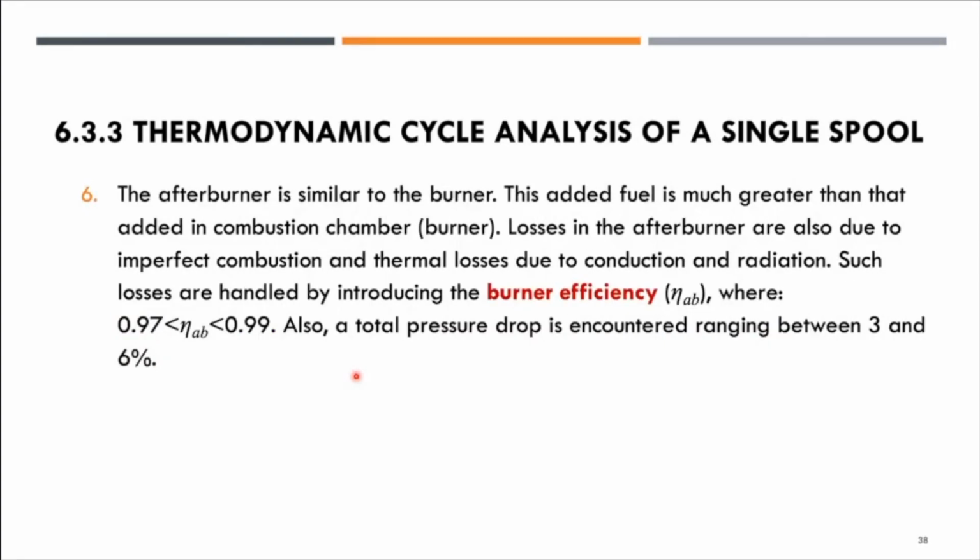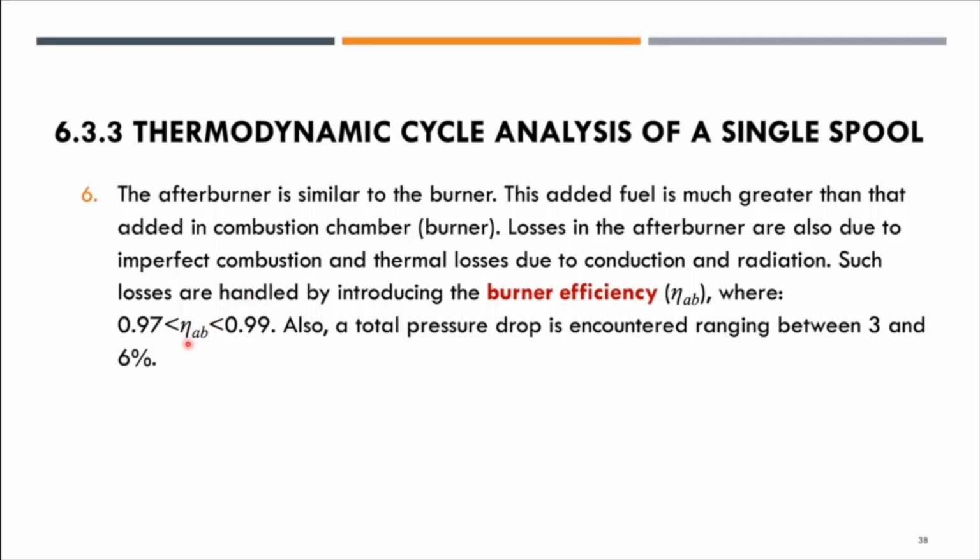Right? So when you have an afterburner, okay, the afterburner is basically similar to the burner. So this will just add fuel, much greater than added in the combustion chamber, right? So it is not really a perfect combustion, because obviously when you have afterburner, you are spraying jet fuel into the hot plume, hot gases, and combustion occurs again, and not 100% of the fuel is being burned.